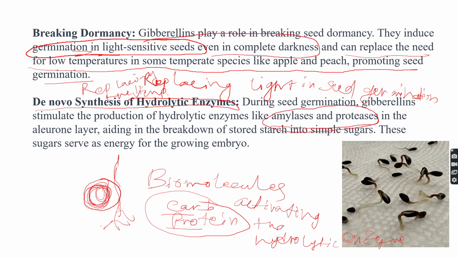Amylase acts on amylose and protease acts on protein in the aleurone layer, aiding the breakdown of stored starch into simple sugar, and this sugar serves as energy for the growing embryo.